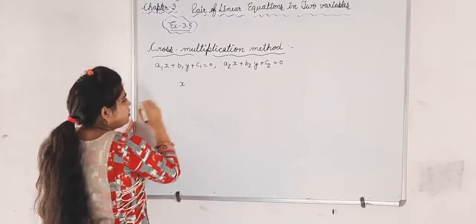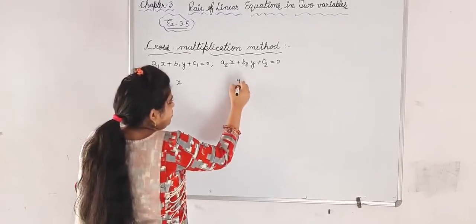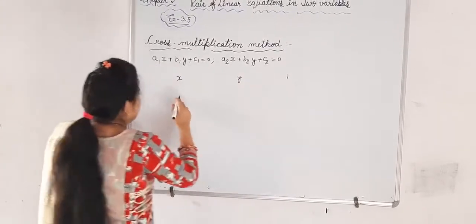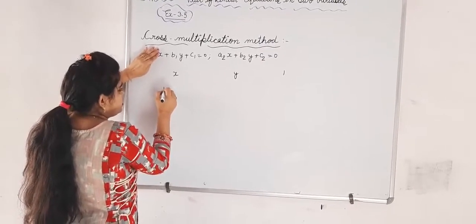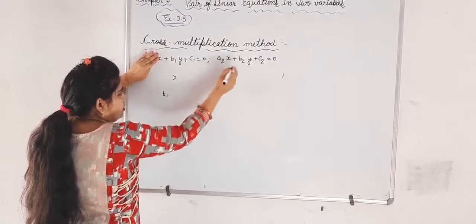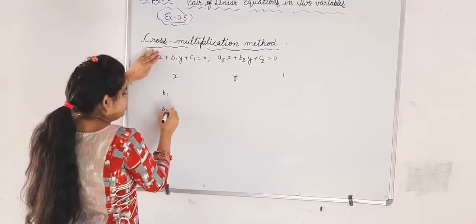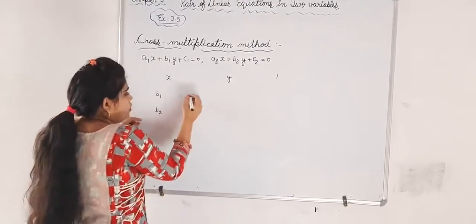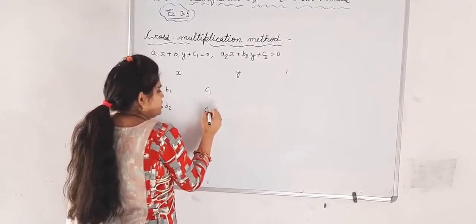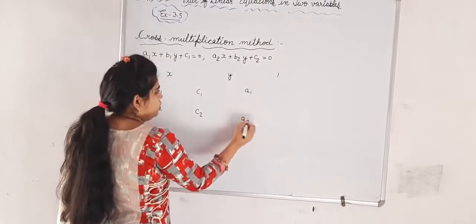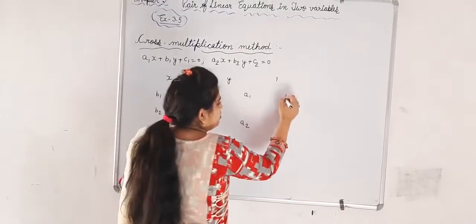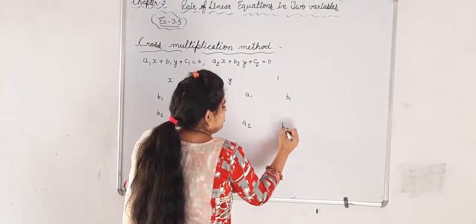For this, we will take x, y, 1. For x, leaving the coefficient of x, we take b1, b2. Now c1, c2. After this, a1, a2. Again, b1, b2.